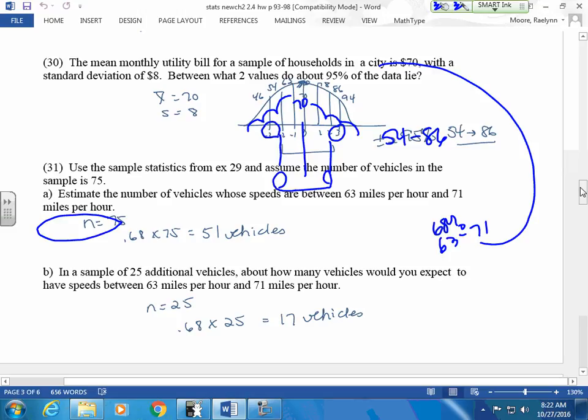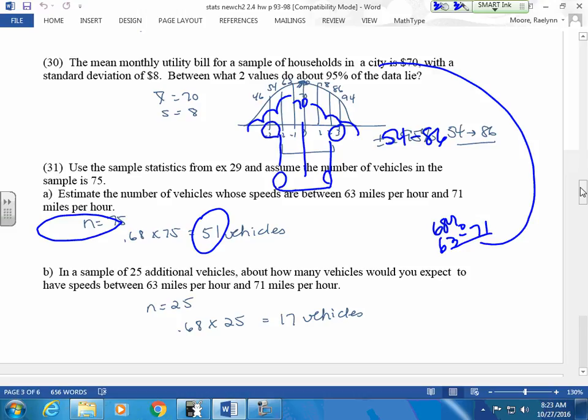So I say I've got 75 more cars coming through. How many of those 75 do I expect to be between 63 and 71? 68% of them. So I just multiply, and out of those cars, I expect 51 to be between those two speeds. Because that's my percentage.